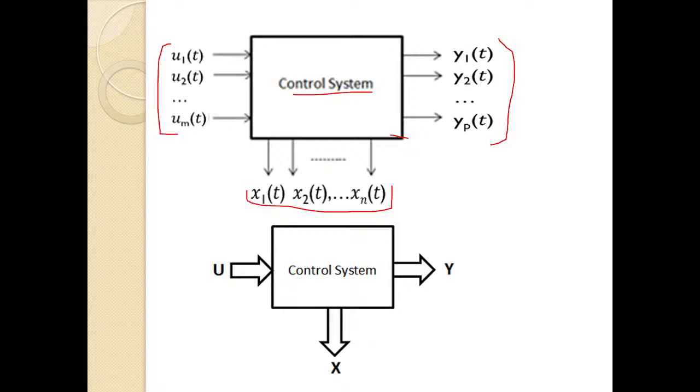Instead of writing all the inputs, you just denote them by a single U, outputs Y, and state variables X. Just draw it.